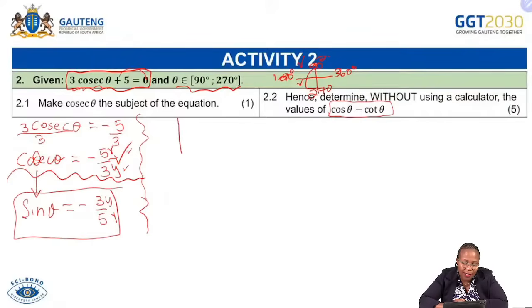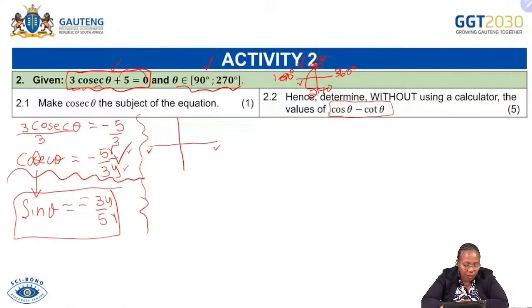We must start by indicating in which quadrant is this ratio now according to that restriction. So now this cosec is negative. Remember, cosec goes with sine. So if it is negative, it must be in quadrant 3 and 4, because in quadrant 1, all ratios are positive. In quadrant 2, cosec and sine are positive in there.